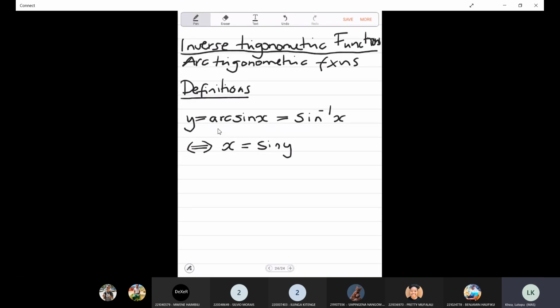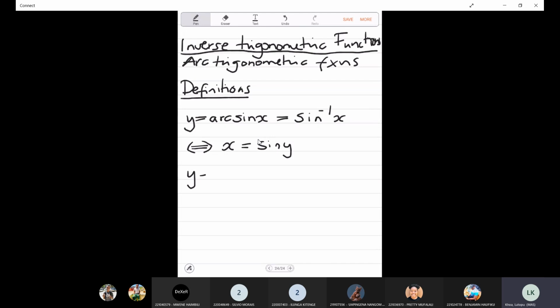They cancel each other out. So I'm not multiplying by sine on both sides, just like when I say I'm taking the square root on both sides, I'm not multiplying by a square root. Or when I take logarithms on both sides, I'm not multiplying by logarithm. I am applying a function which will cancel another one out. So that is the first definition, that if y is equal to sine inverse of x, then x is equal to sine of y.